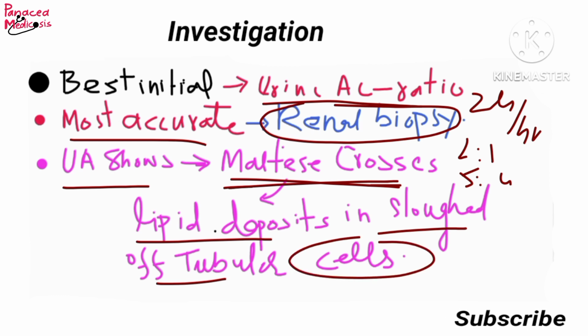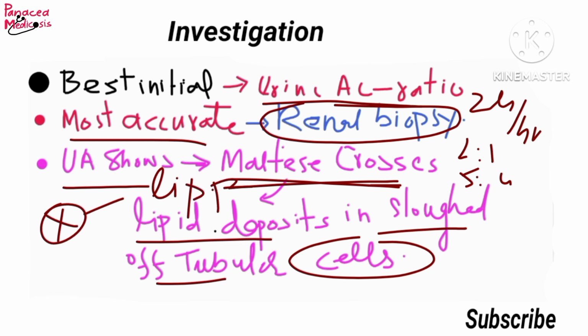Lipids arise because the lipoprotein signals that turn off the production of circulating lipids are now lost in the urine. Hyperlipidemia is due to loss of lipoprotein signals.